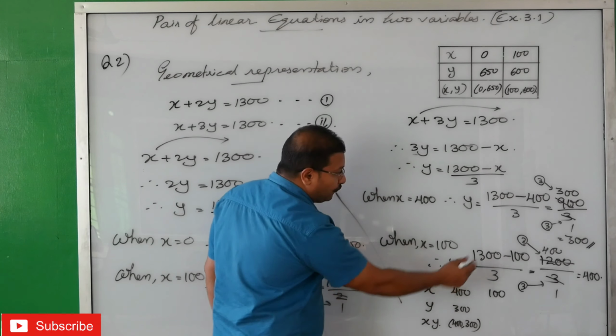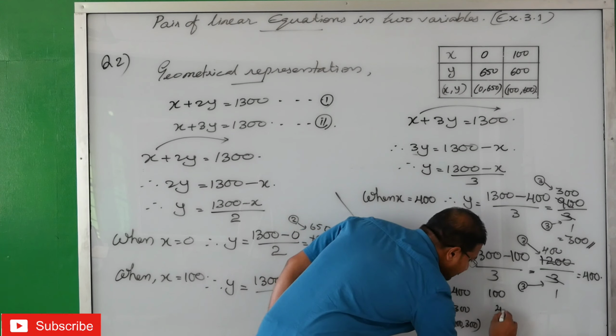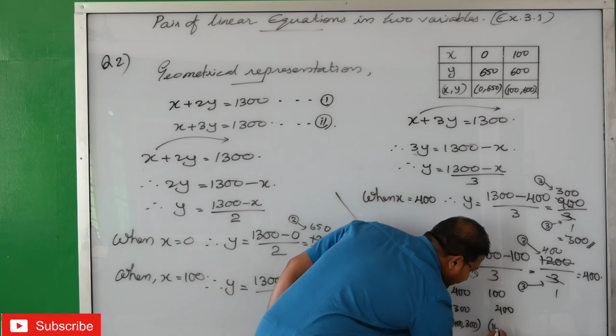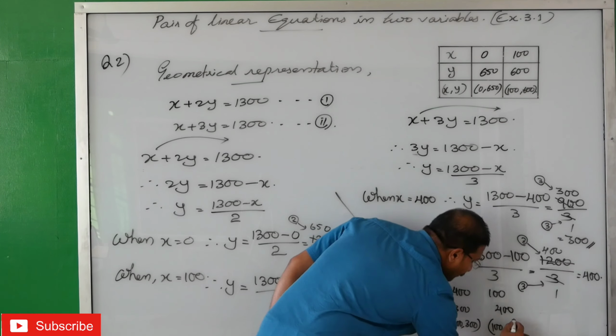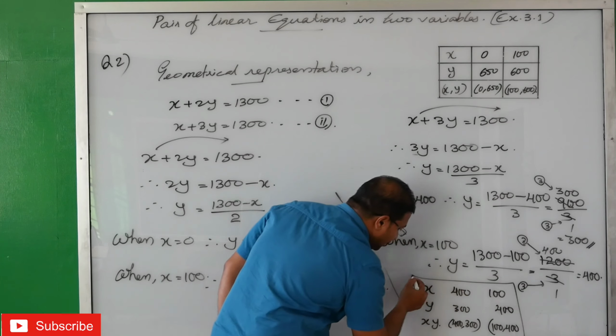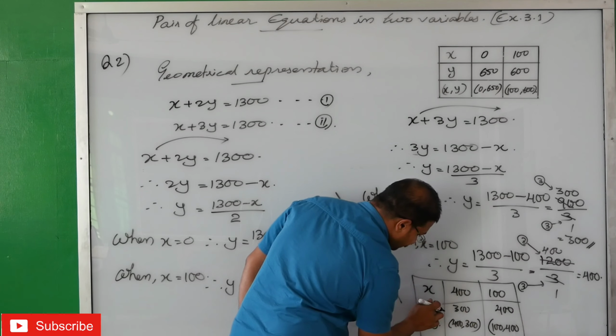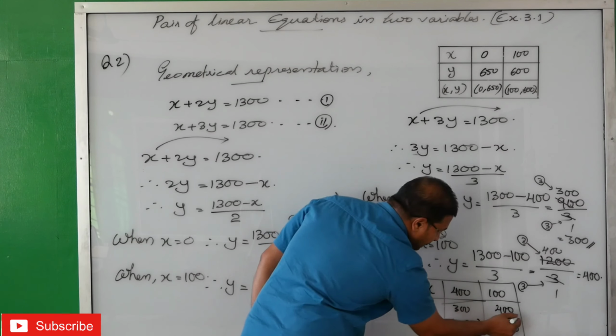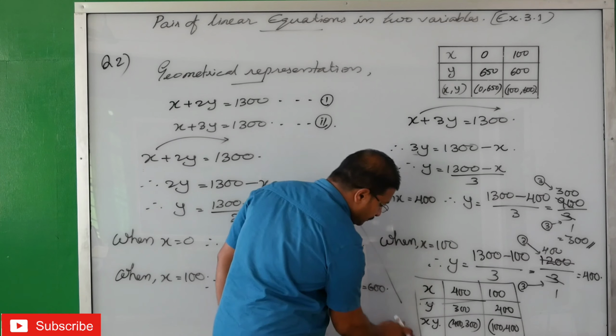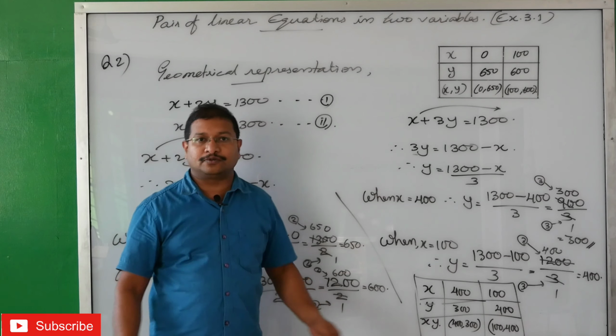And we got the value of y as 400. Therefore, xy we will take as 100 and 400. So, we will get a table like this. I hope you understood.